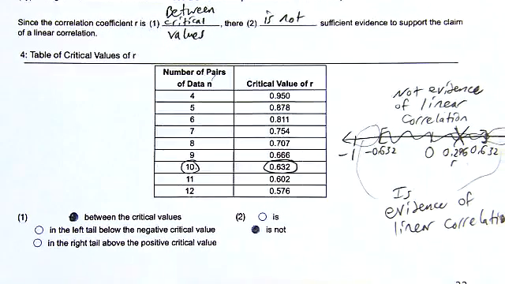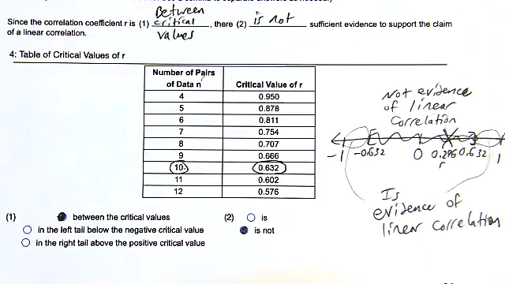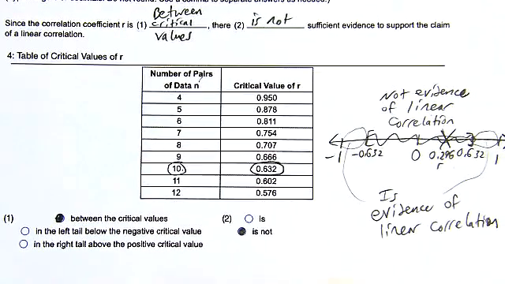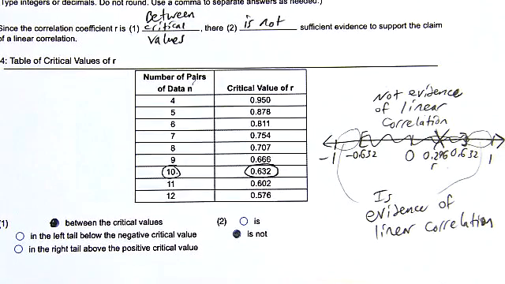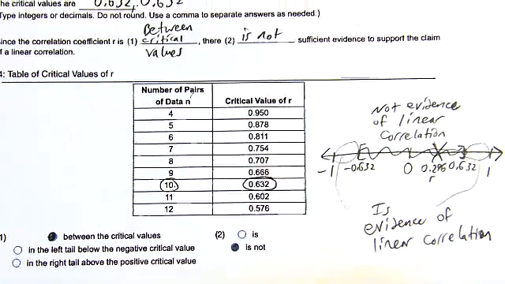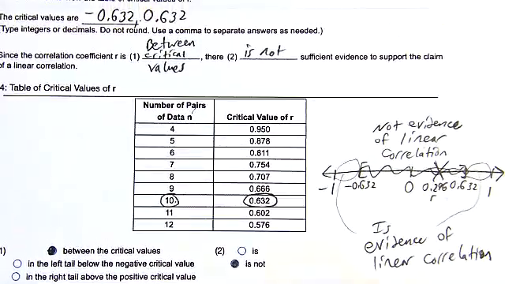So basically, this sort of problem allows us to make that correlation analysis without looking at the scatter plot. Any questions on that one?